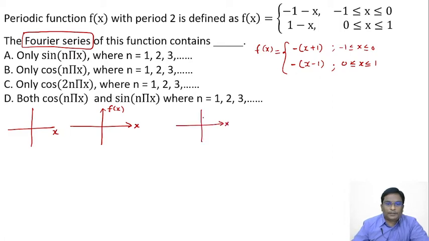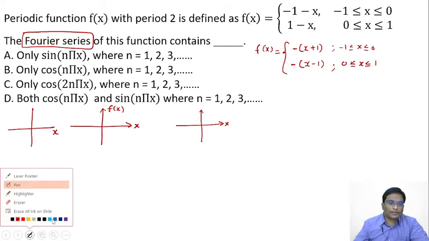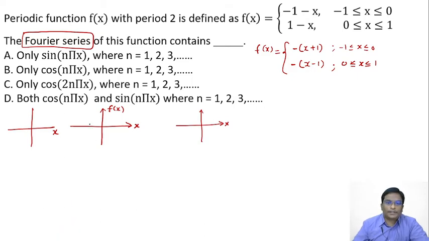Everyone tell me one thing: what is f of x? How does that f of x look like? F of x is minus x. If I draw this one, the slope is negative, passing through the origin.